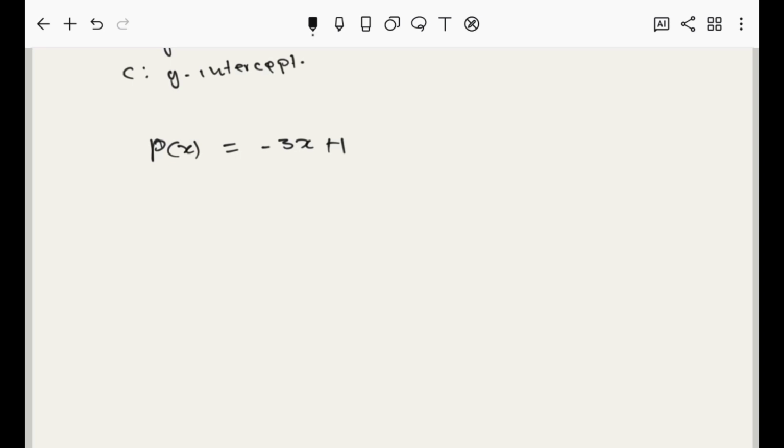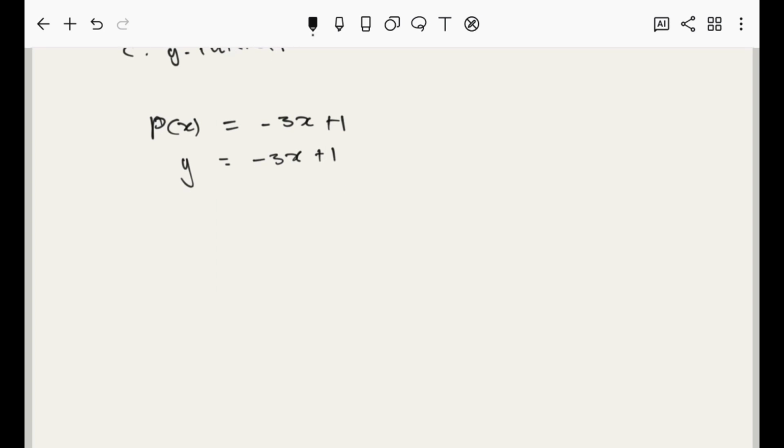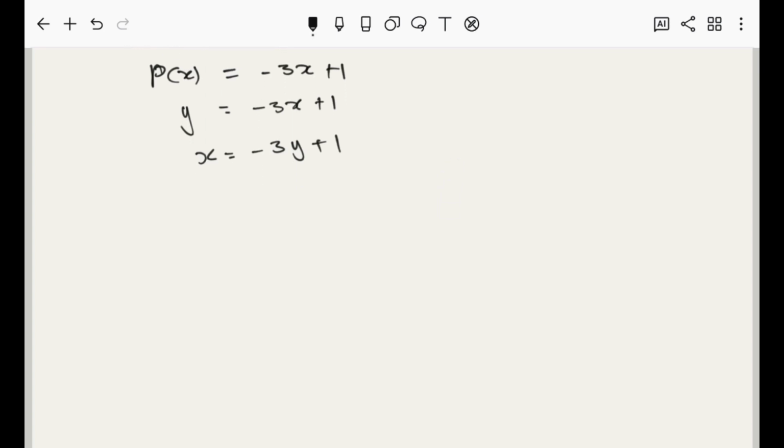So this means we'll turn p of x into y and equate that to our equation. What we do next is interchange the variables, x and y, so that we get x is equal to minus 3y plus 1. After doing that, we express the equation in terms of y, meaning we make y the subject of the formula.